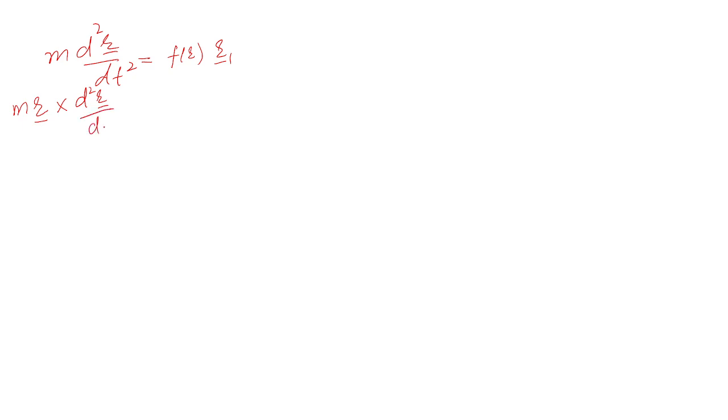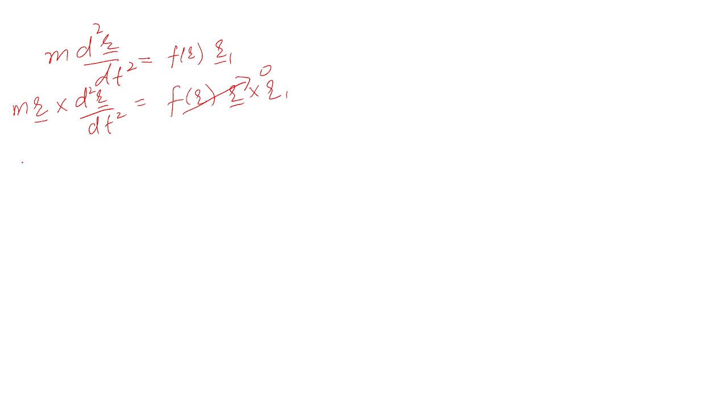So this is r cross d square r dt square is equal to f of r, which is a scalar function, so r vector will be crossed with r1. This is the unit vector along r, which means the cross product will give me 0 on this side.